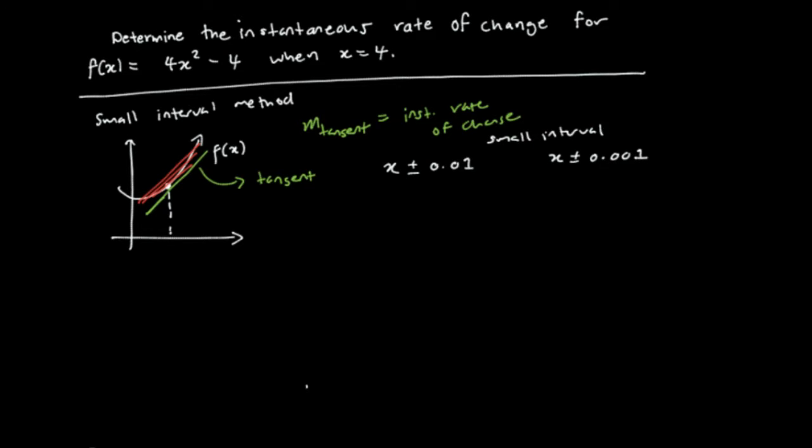When we create an interval, it's always between a lower limit and an upper limit. I'm just going to use this approximation, because technically it'll give us the same answer.